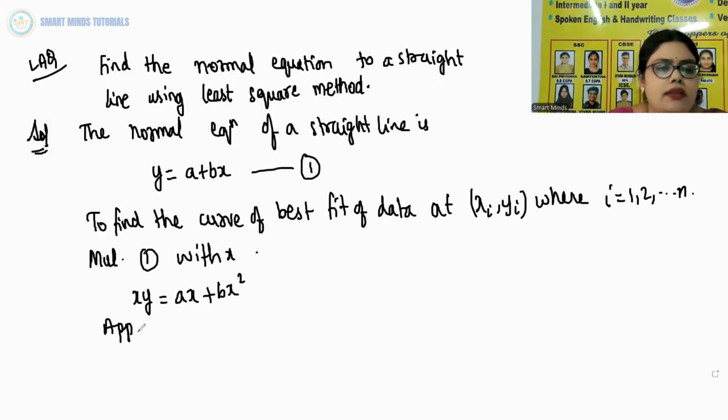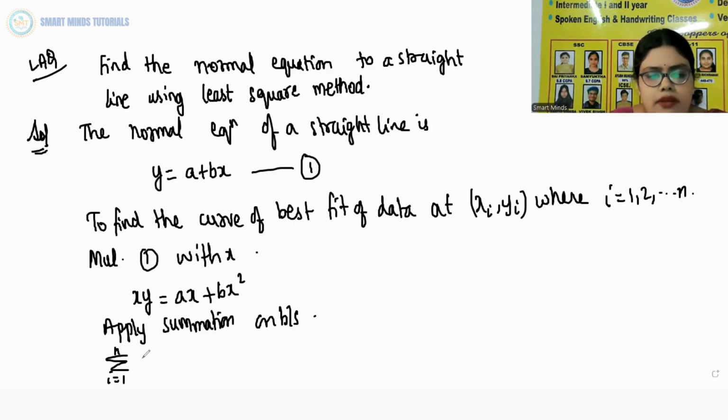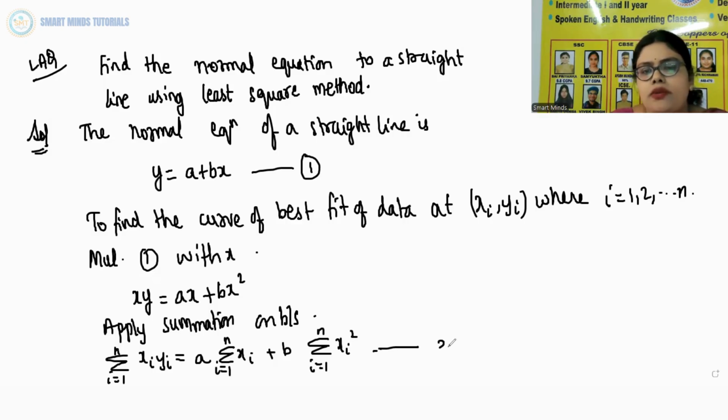Now applying summation on both sides, summation is sigma. So sigma i = 1 to n xi yi = a sigma i = 1 to n xi + b sigma i = 1 to n xi², as a and b are constants. This is equation number 2.